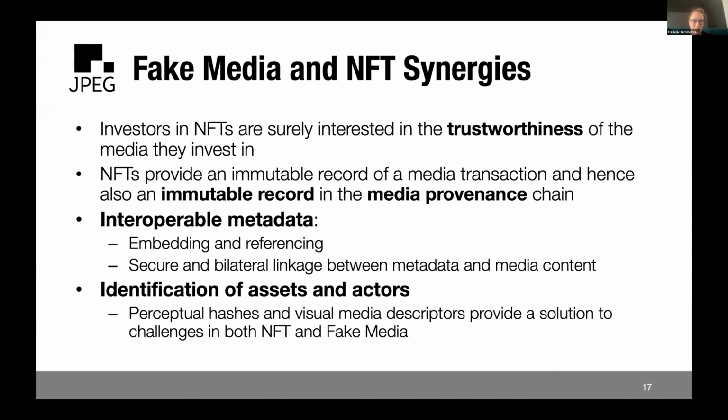So these are some of the challenges, and within JPEG NFT at the moment we're also working on a document that again you can find on the JPEG website, where we're trying to identify these and investigate what possibly could be done in terms of standardization to improve that situation.